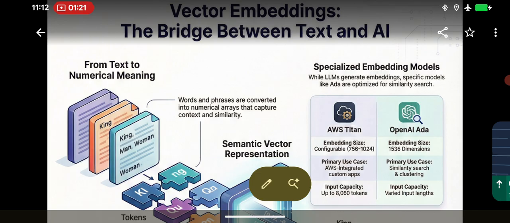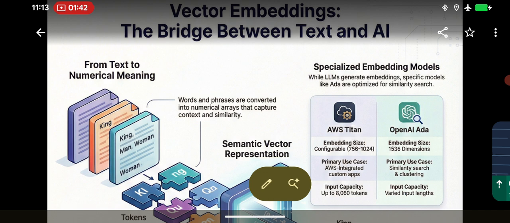That is what vector embedding is about. So every word or subword is converted into numerical arrays that are stored based on context and similarity, right?